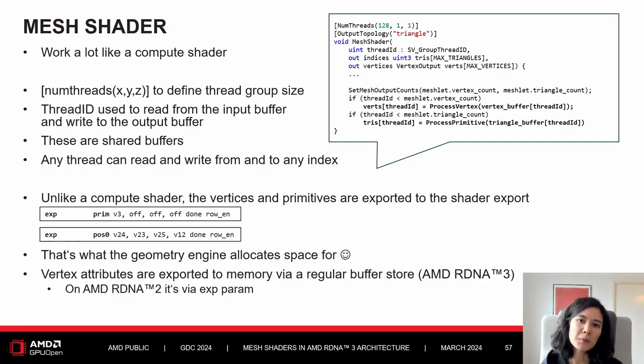However, unlike compute shaders, the vertices and primitives are exported to the shader export. So in the ISA, you will see the export instructions. And this is also what the Trinity engine is allocating space for. Vertex attributes are exported by regular buffer stores on RDNA 3, and on RDNA 2, the export instruction is used.